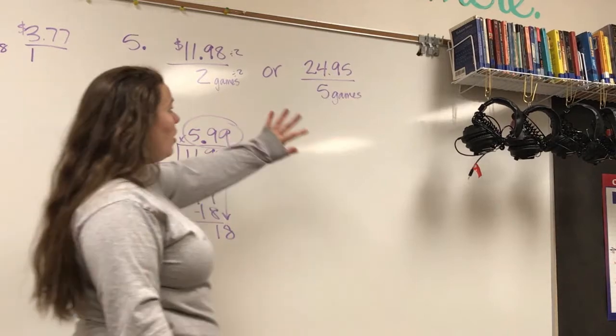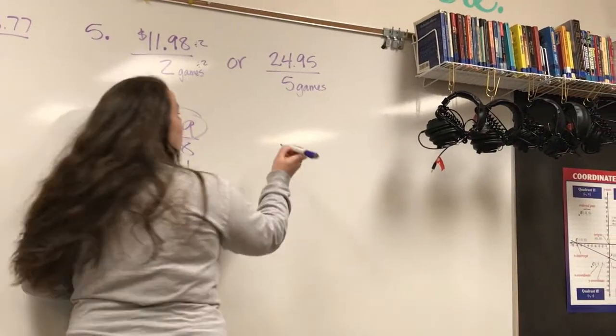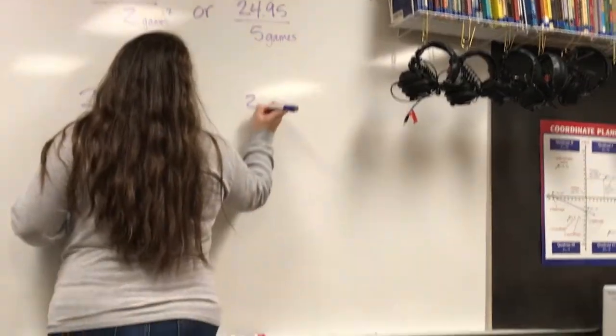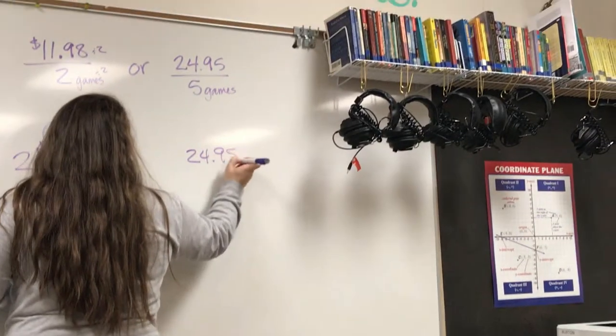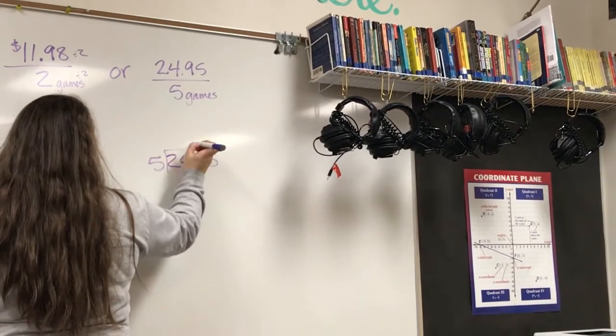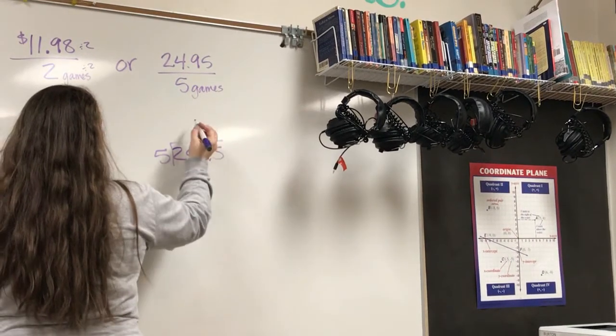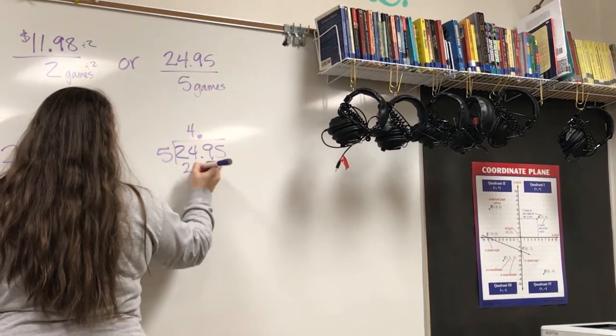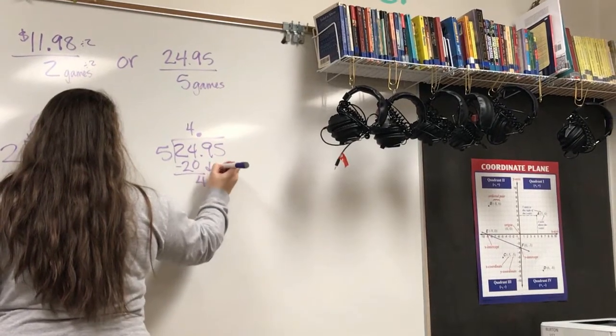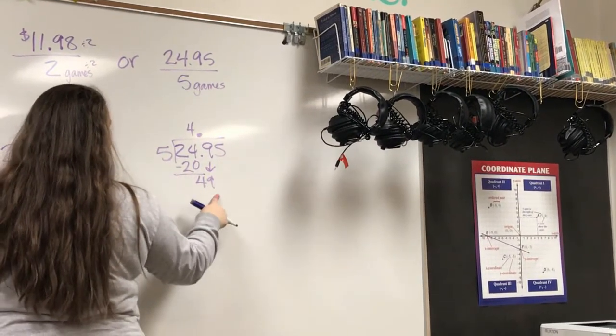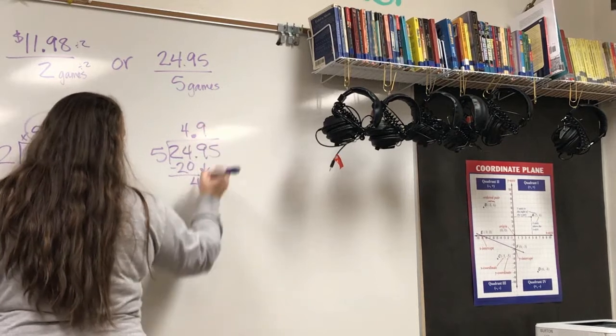Okay? Going over here, hopefully you can see me and I'm not standing in front of it. Bring my decimal straight up. 5 cannot fit into 2, but 5 can fit into 24 4 times. 5 can fit into 49 9 times.